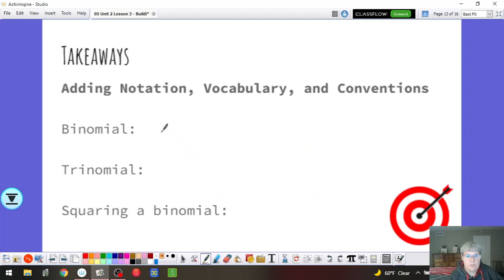Some additional notation: a binomial is an expression with two terms, separated by addition or subtraction.